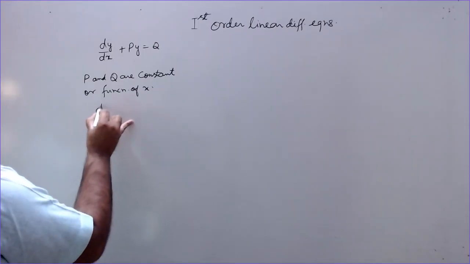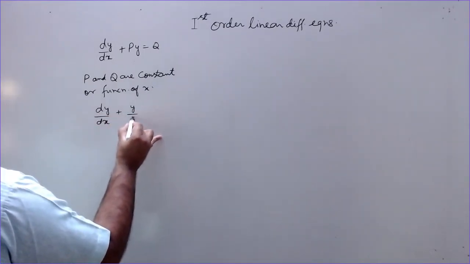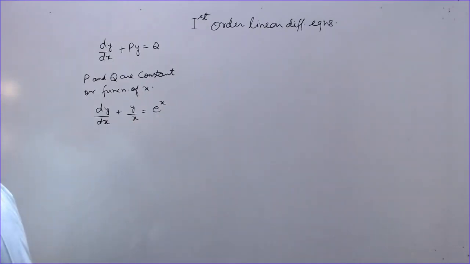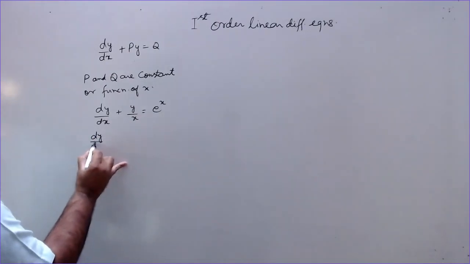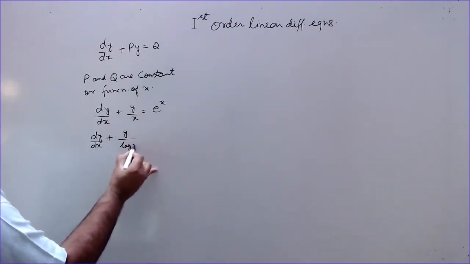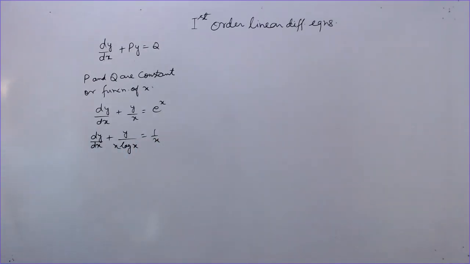The example can be dy by dx plus y by x is equal to, suppose, e to the power x. This is one example of the linear differential equation. Or it can be dy by dx plus y over log x is equal to 1 by x. This is also a linear differential equation, first order. You can see this is first order.